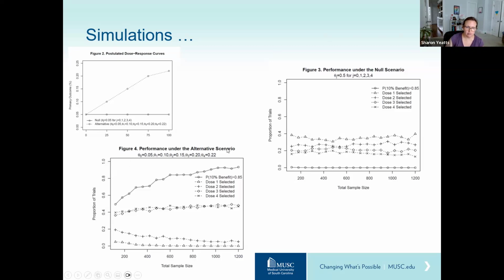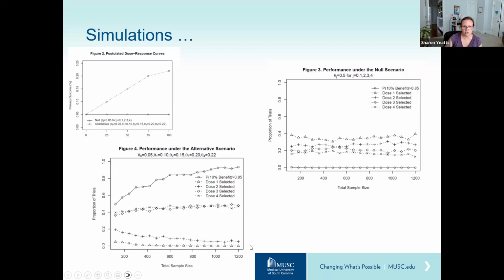Under the alternative, however, you can see that as sample size increases, the likelihood that we are able to declare that benefit also increases. And we can see that although the design has a harder time detecting whether it should be dose 3 or 4 that should be selected here, those are selected in the clear majority of trials, right?